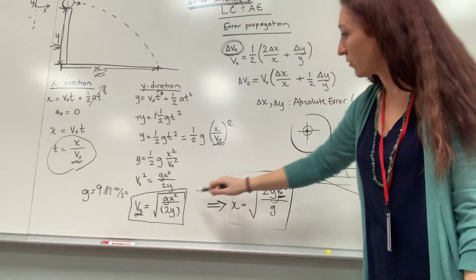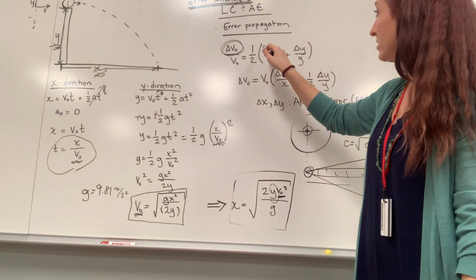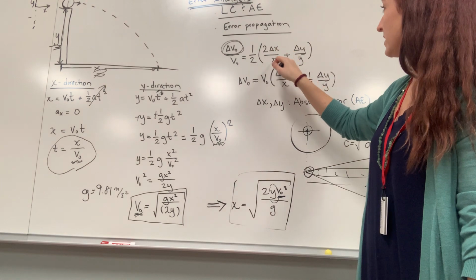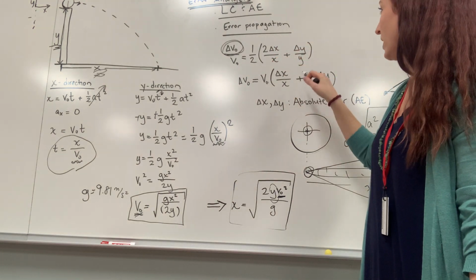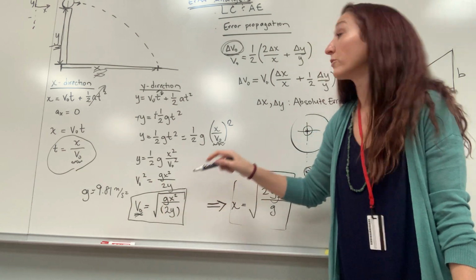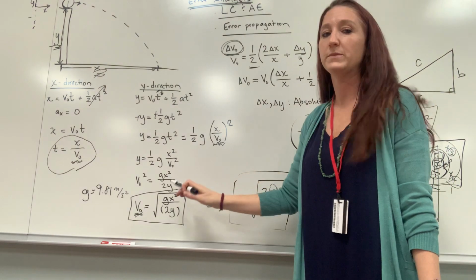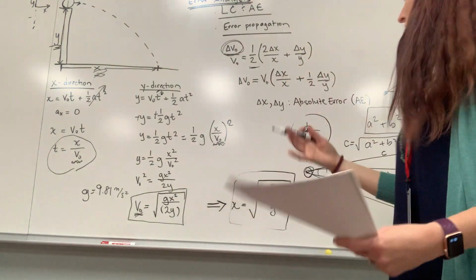Because in our equation, our x squared has an exponent of 2, we have 2 times delta x over x plus delta y over y. And then because our entire equation is taken of the square root, that is where this 1/2 comes from, okay? So exponents come down in numerical terms.